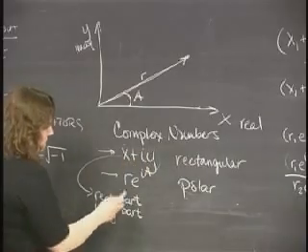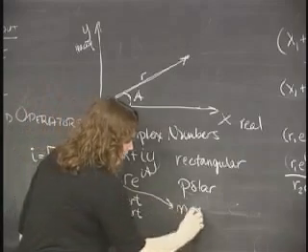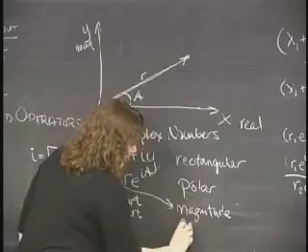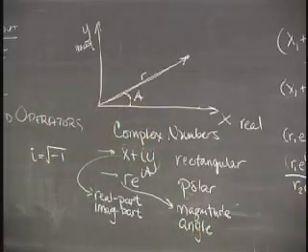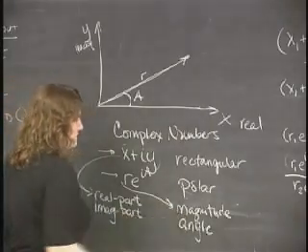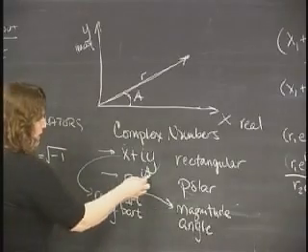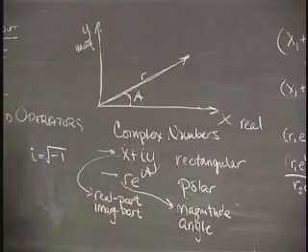And then for polar numbers, we have magnitude and angle. Okay, so those are going to be our selectors. So given a complex number, if it's in polar form, we use magnitude and angle to get r and a. And if we have a rectangular, we can use real part and imag part.